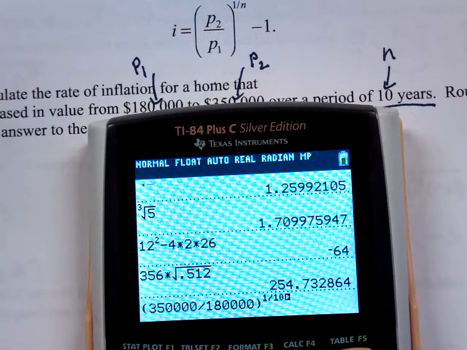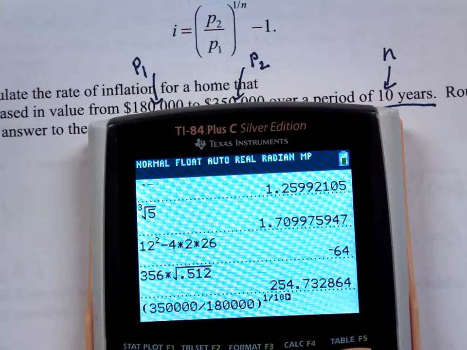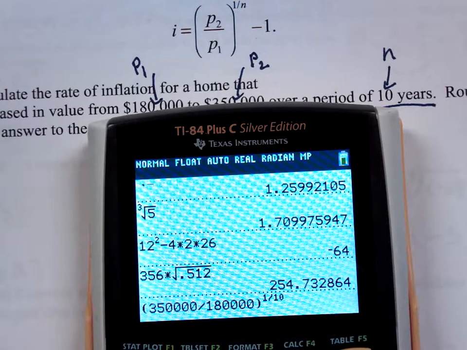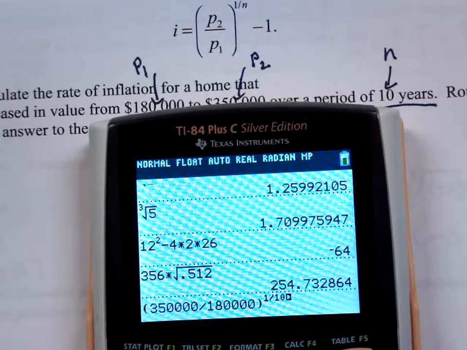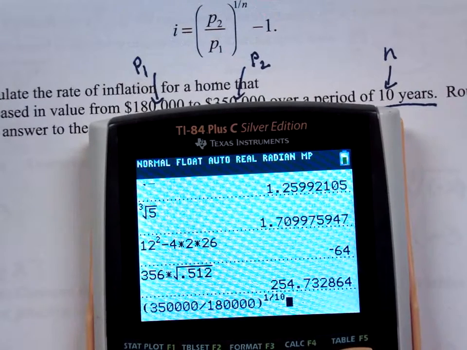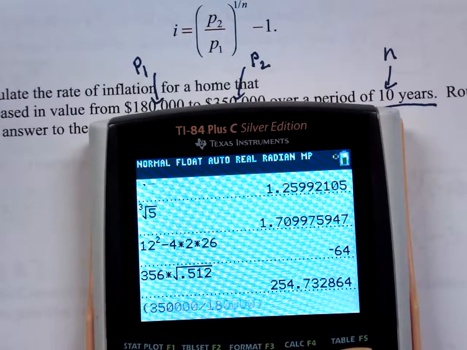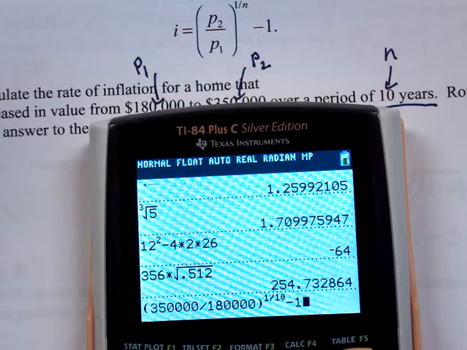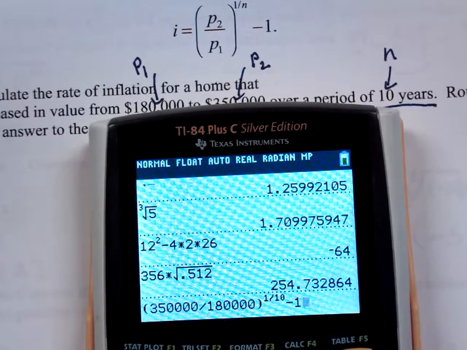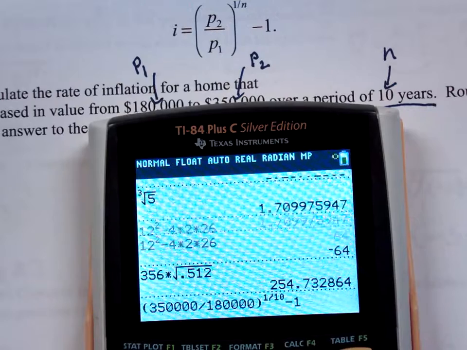Order of operations says divide this first, then raise that to the 1/10 power. That's what that set of parentheses does. Then I need to make sure that I'm not in the exponent anymore. Subtract 1. And there's the formula. And then I press enter.